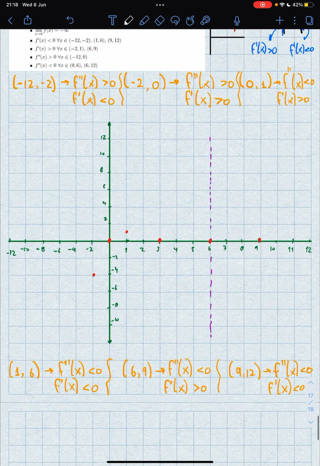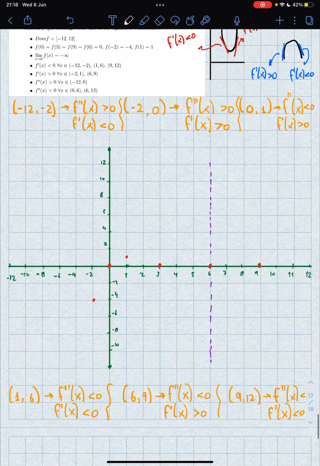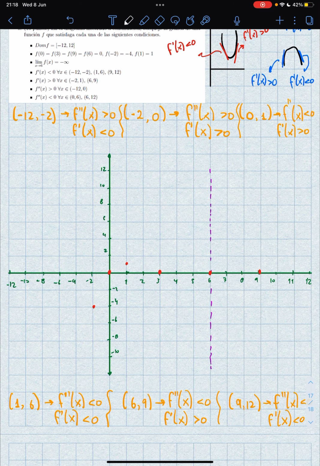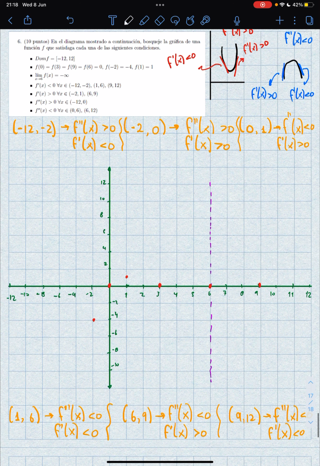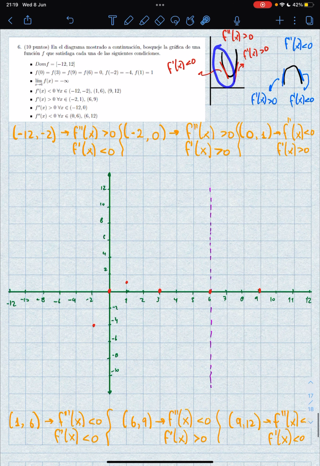So it says that from minus 12 to minus 2, I'm gonna have what? The second derivative represents a minimum, and the first derivative is gonna be less than 0. So we are in this case, as you can see over here. So I'm just gonna start plotting.